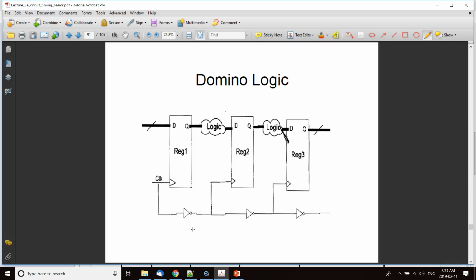And what this does is it makes sure that when this clock happens, data goes clock to Q and then passes through the logic. Nothing happens in register 2 for half a period. It's got half a period for everything to settle down, and only then is it clocked. So you don't have this race condition where the source and destination flip-flop are passing data from D to Q at the same time.